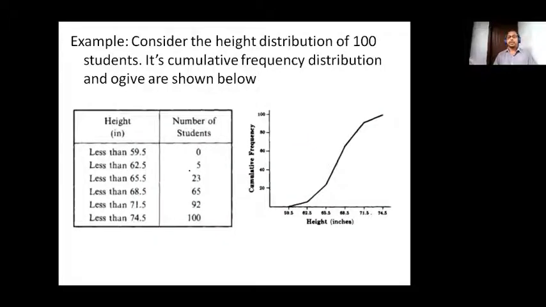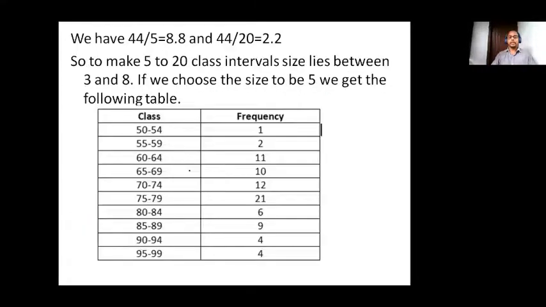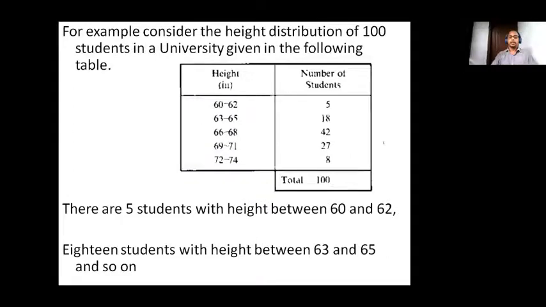For example, consider the height distribution of 100 students we gave earlier, that is, the height 60 to 62. So how many students have height less than 59.5? We have considered students with heights 59.5 to 74.5 as class boundaries.